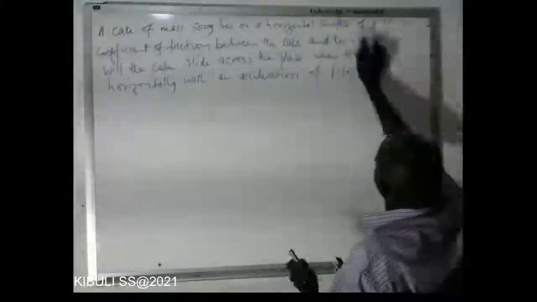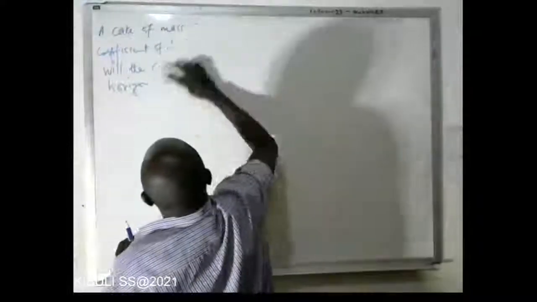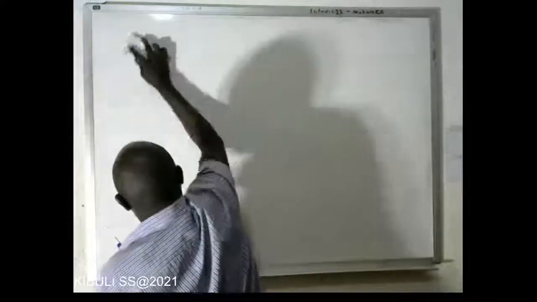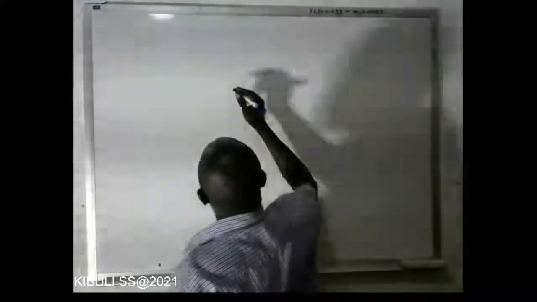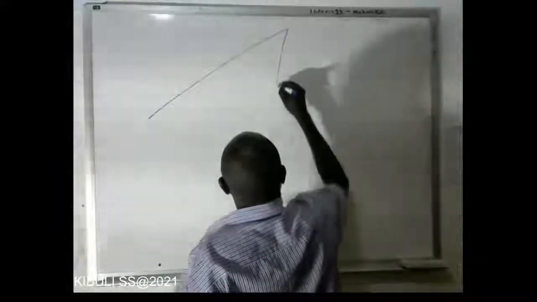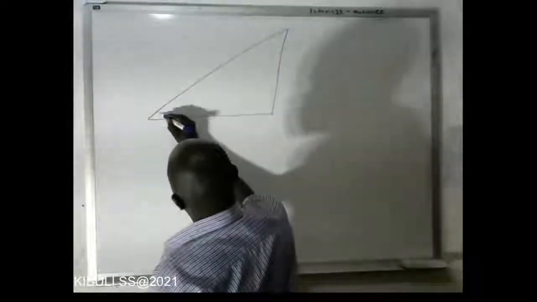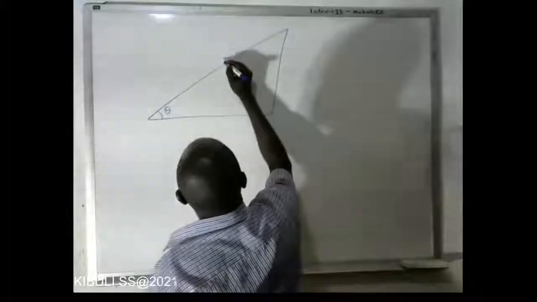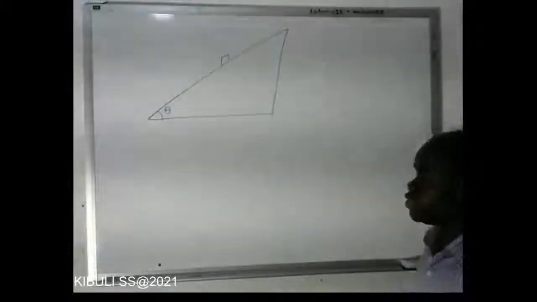Okay. So let's look at this body. It has a weight of W and is on a plane which is rough. Remember we said that when the surface is rough, there is friction. So let's say this is the plane which is rough. The angle of inclination here is theta. So this body is resting on that surface.